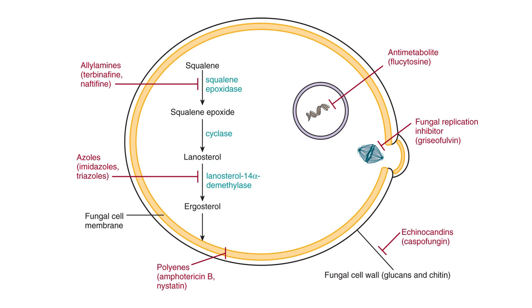First would be drugs that act earlier in the pathway, and these drugs inhibit squalene epoxidase. These drugs are termed allylamines, and this terminology is based on the chemical structure of these drugs. You have an allyl and an amine. Examples of this would be terbinafine and naftifine.